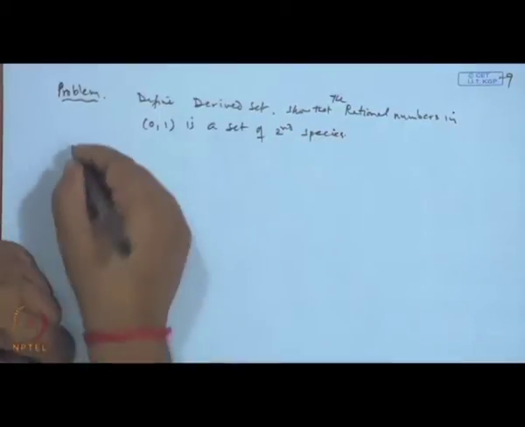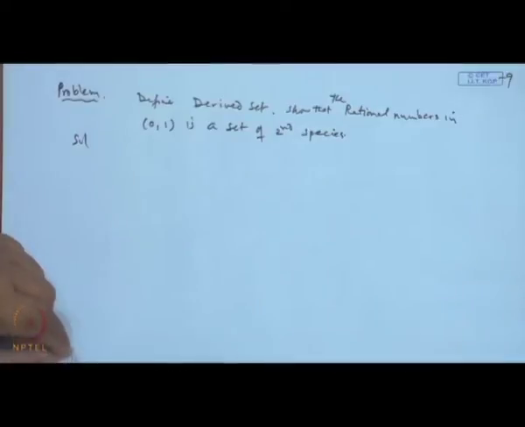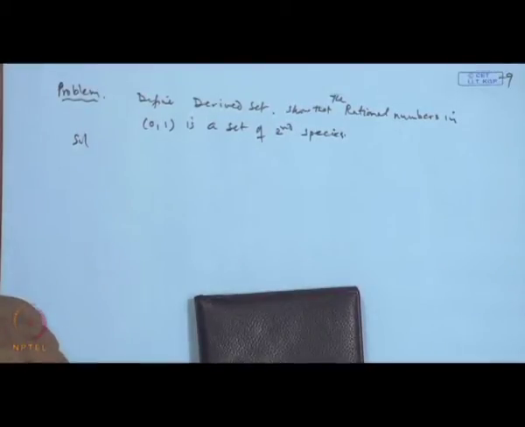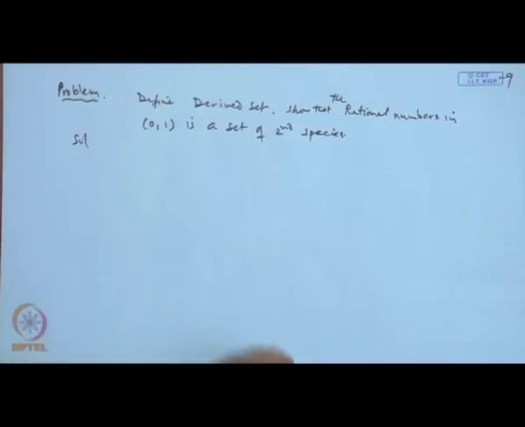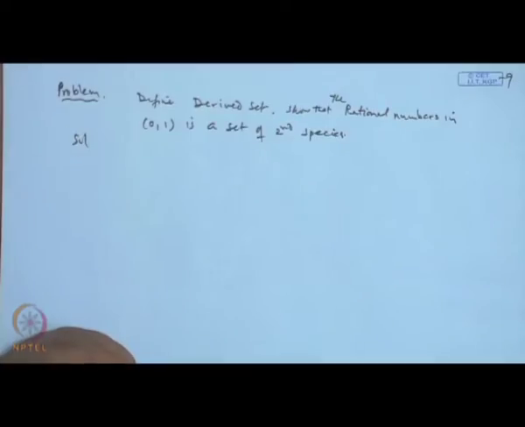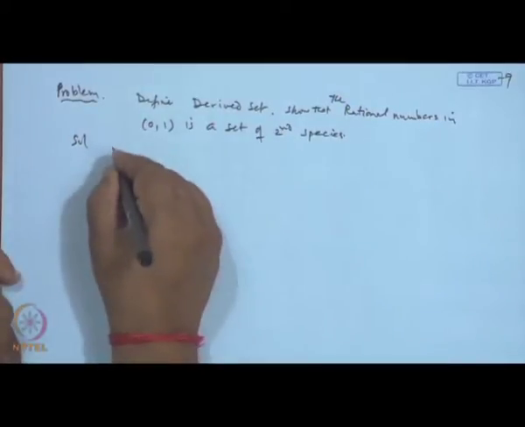So, let us first see what the derived set is and what we mean by species. If the set S is an infinite set, then we can find the limit points of this set. An infinite set may have many limit points or may not have a limit point, depending on the set. So, we define the derived set as follows.